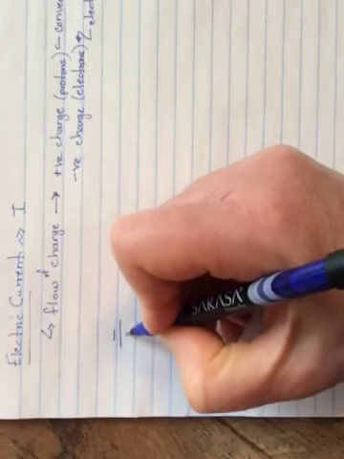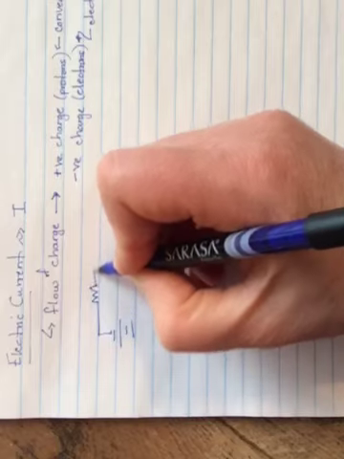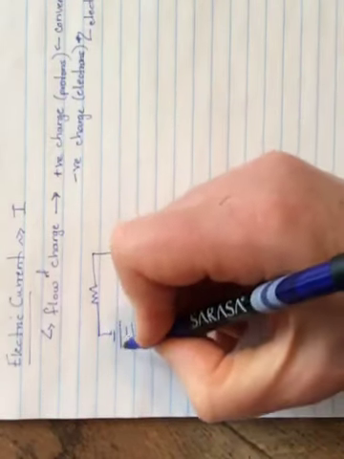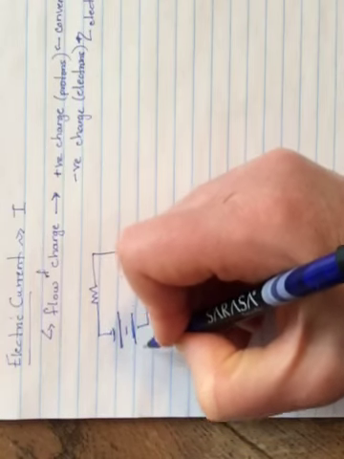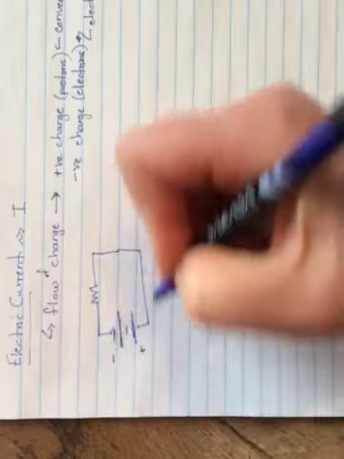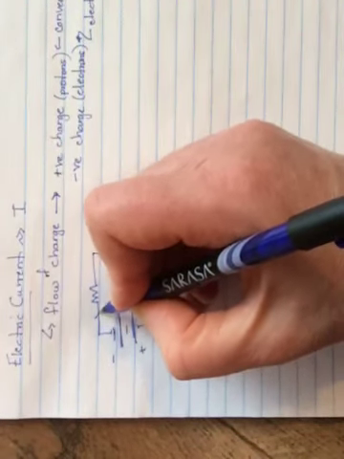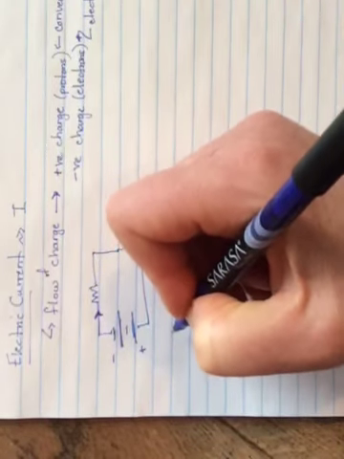So if I draw a circuit, and I think you know from Science 9, that's the symbol for a battery. Here's a resistor. The short side in the battery symbol is the negative, and the long side is the positive. So for those of us who use electron current, the current would flow out of the short side through the resistor back to the long side.